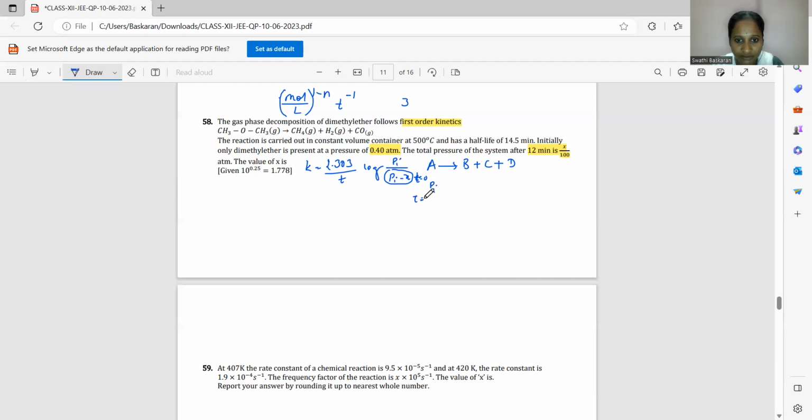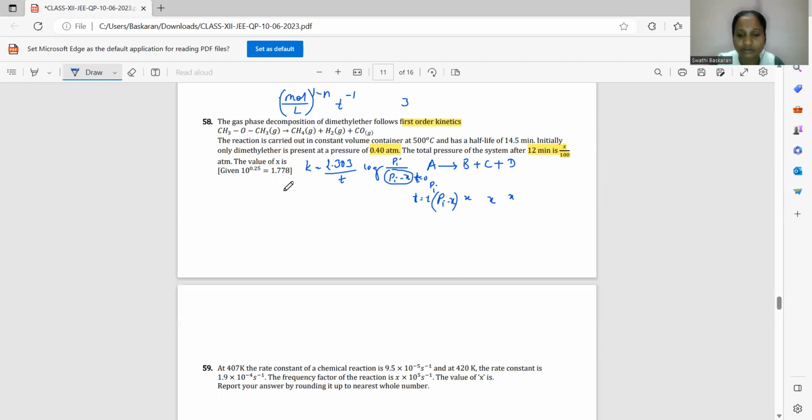When time t is equal to T, X moles of B are formed, X moles of C are formed, and X moles of D are also formed, and hence the initial concentration will decrease as Pi minus X.